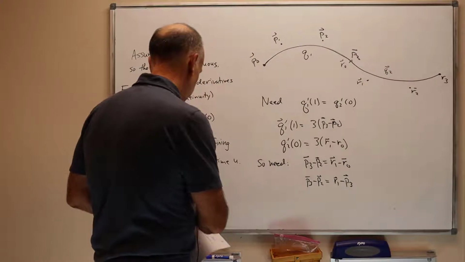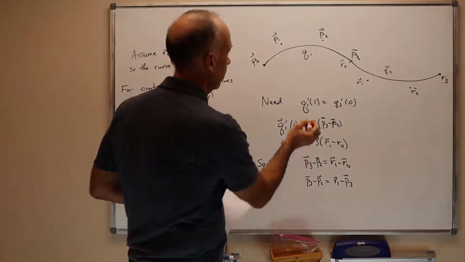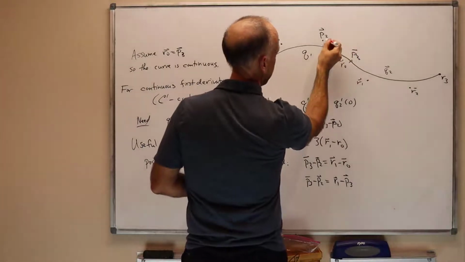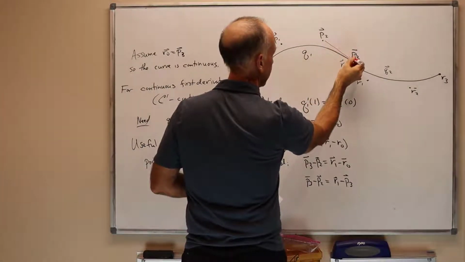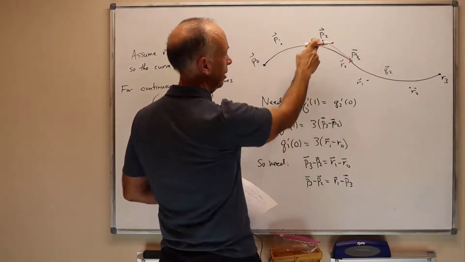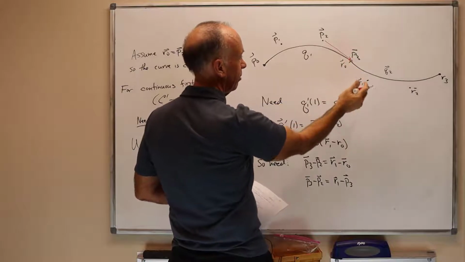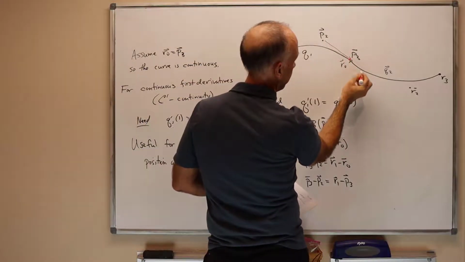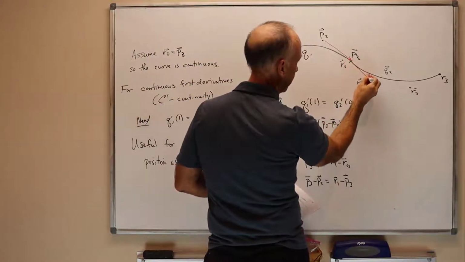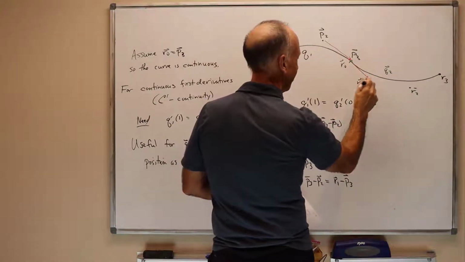In pictures, what are these vectors here? So P3 minus P2 is this vector here, tail at P2, head at P3, joining the next to last control point of Q1 with the last control point of Q1. And R1 minus R0 is this vector here. Should have been drawn a little more collinearly.